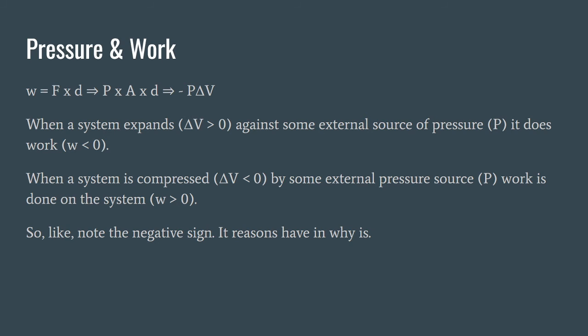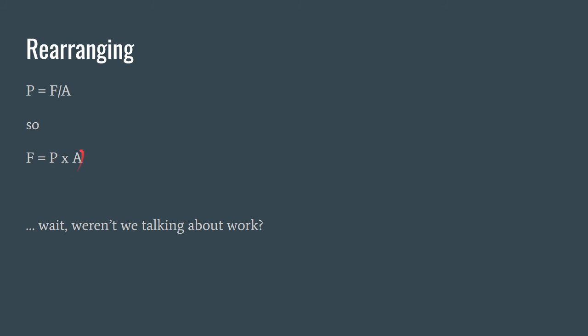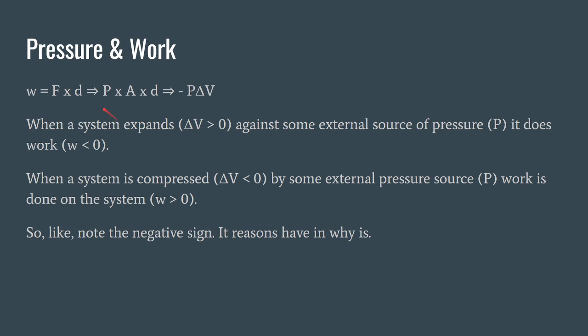You have a gas that changes volume. So work is equal to force times distance. But as we saw earlier, force is equal to pressure times area. So work is equal to pressure times area times distance. Area times distance, that's a volume. So when you have a gas changing volume, you have something doing work.